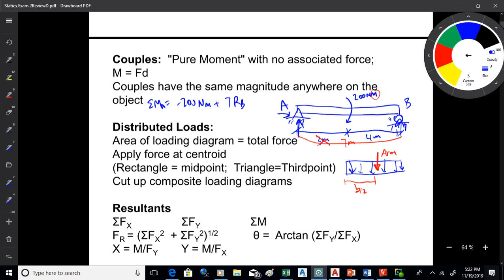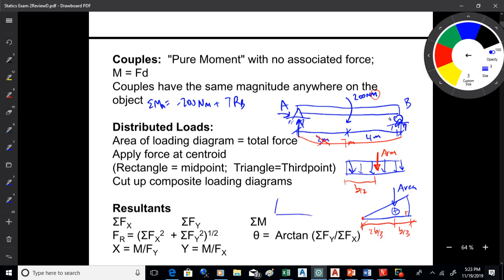If you have a right triangular loading diagram, which is fairly common, you would have the area acting there, and depending on where you measure it from, if you measure it from the right angle, it's the base over 3. If you measure it from the vertex side, it's 2 times the base over 3.